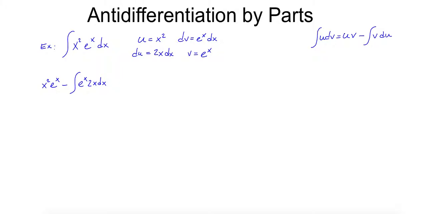Okay, and now we again are looking at this integral, and we have to figure out how to integrate that. It doesn't look like one that's easily done right away. However, it looks like one that can be done using anti-differentiation by parts. So we're going to do that again. I'm just going to choose a different color here to highlight that. So with this part, I want to follow along the same path. u is going to equal this 2x part, right?